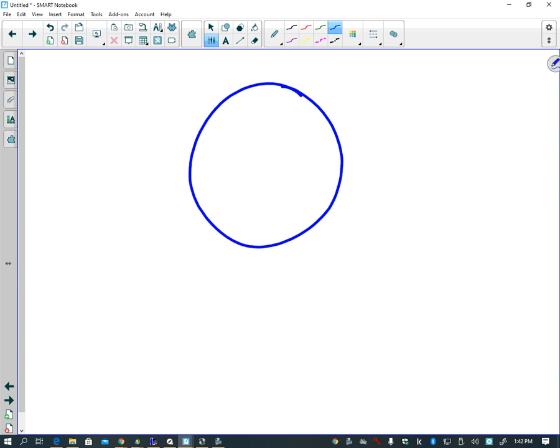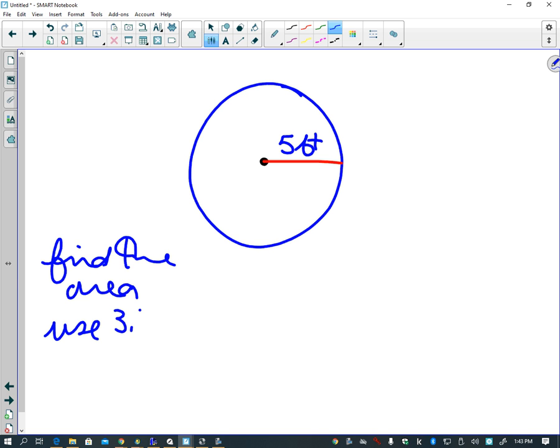They're going to ask you to find the area. What's the formula? Pi r squared.